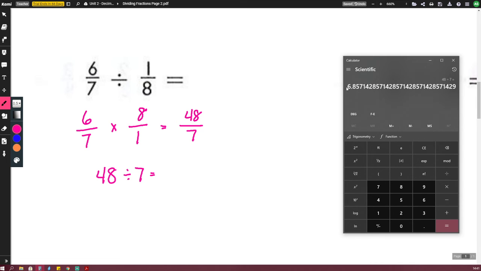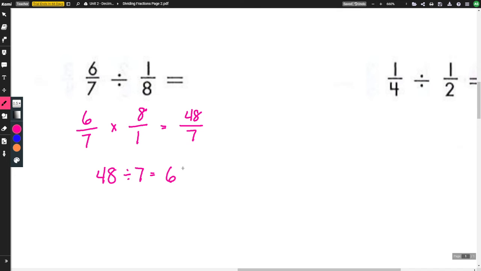I only care about the number up front of the decimal, which is a 6. Then I do 48 minus 6 times 7, which is 42. That is 6. My answer is 6 6/7. There is nothing that can go into both 7 and 6, so that is my final answer.